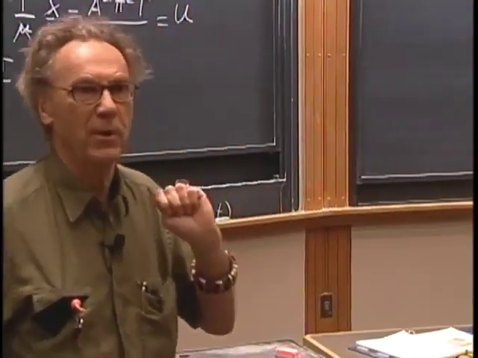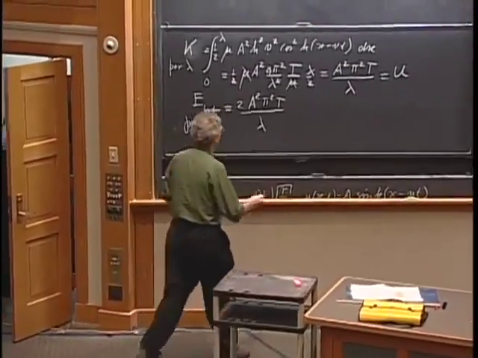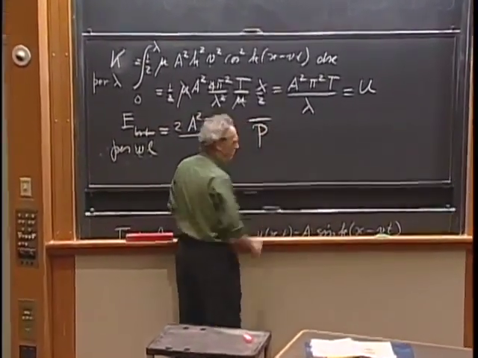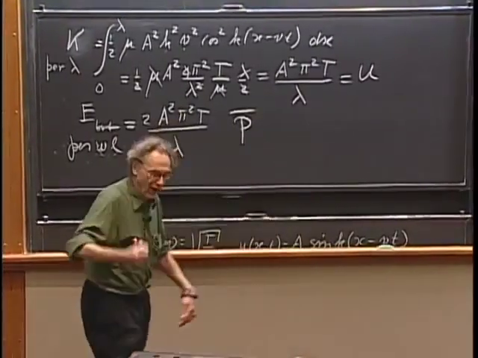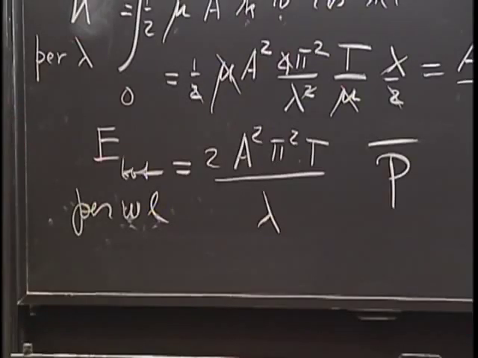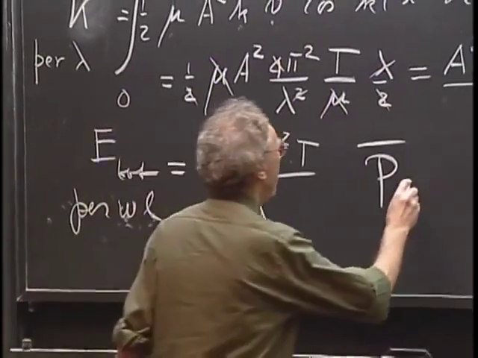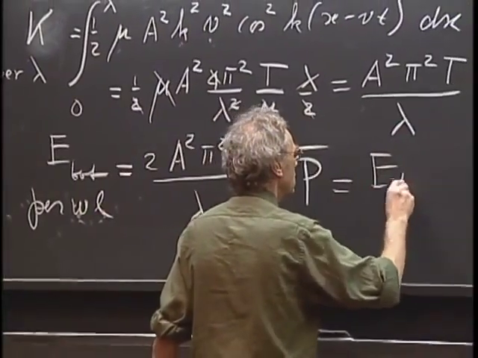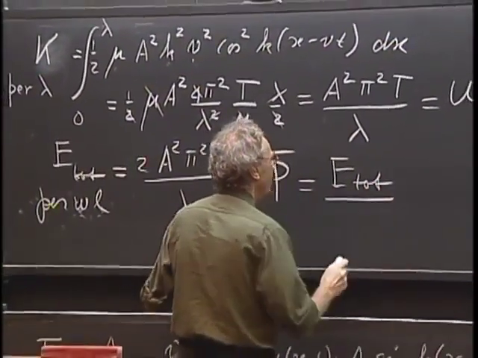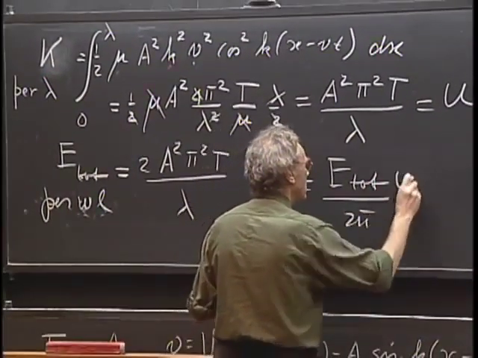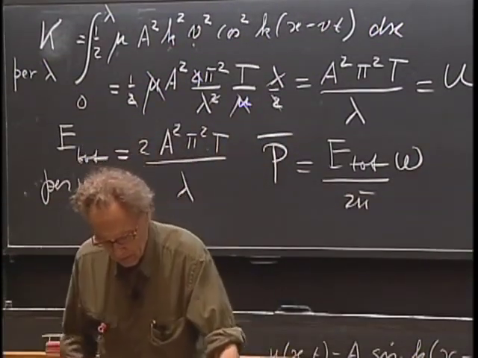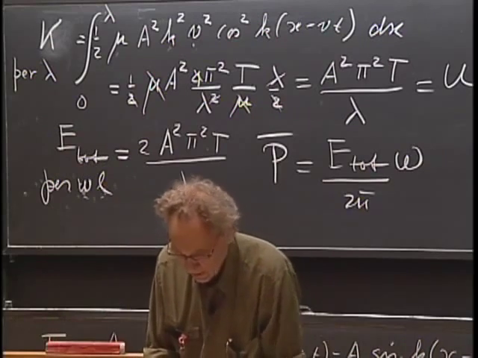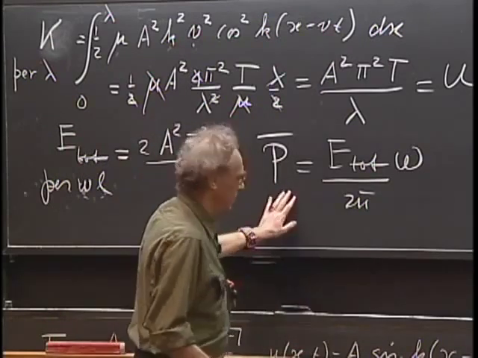And so the average power that I have to generate if I am driving this traveling wave into the string is then E total, divided by 2 pi by omega. And this is in watts, of course. This is joules per second.